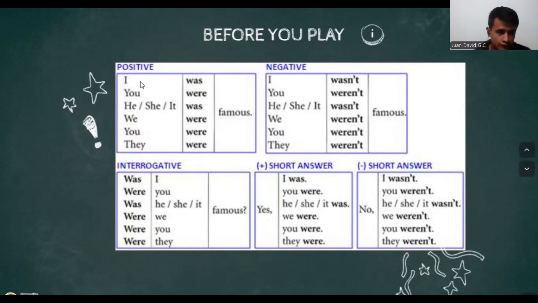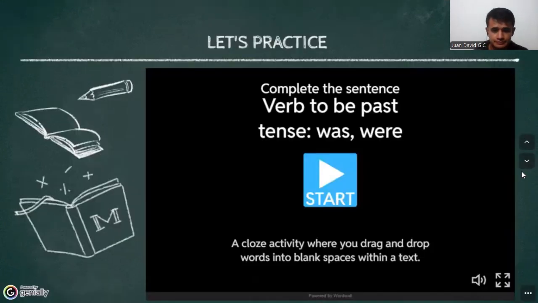For positive: I was, you were, he, she, it was, and we, you, they were. And we have the negative, the interrogative form, short positive answers, and short negative answers. So let's continue with the game.